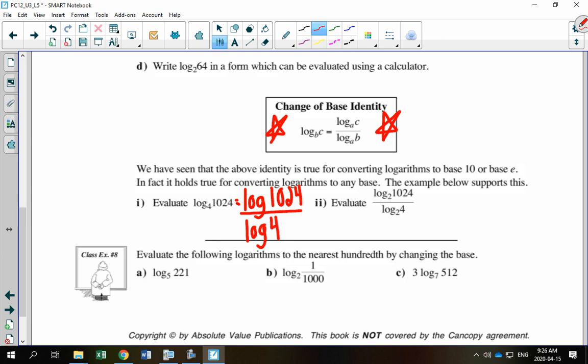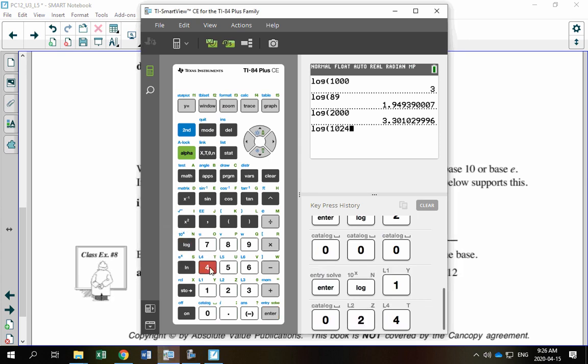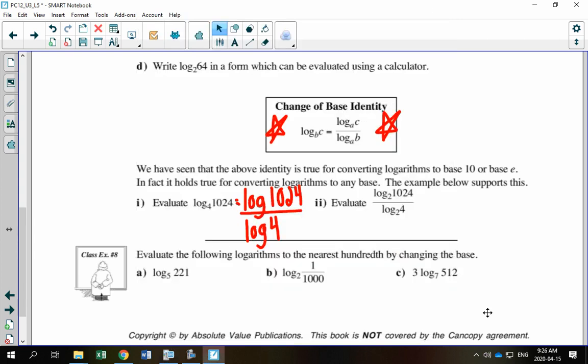Again, that little base is 10, which we can use our calculators for, so you simply put it in just like that. You go log 1,024 and divide it by log 4. Just like that, it works out to be 5.